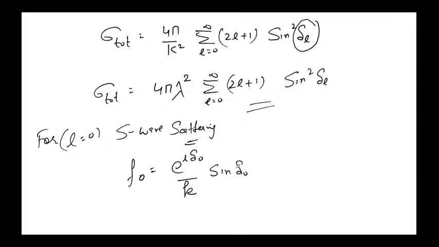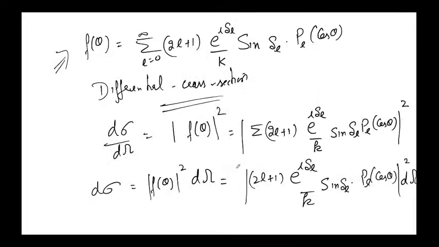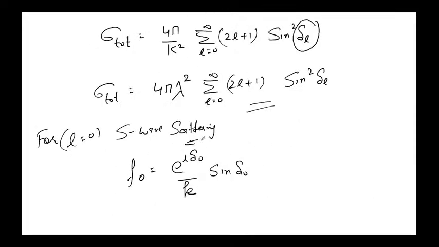You can calculate this from the equation which we have. When you put the value of L equal to 0 in this equation, you can calculate the scattering amplitude for S wave scattering. This term becomes 0. P_L, the Legendre polynomial, is equal to 1 for S wave scattering. So this is the equation which we get.